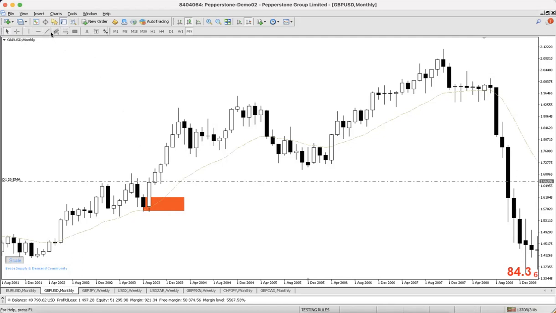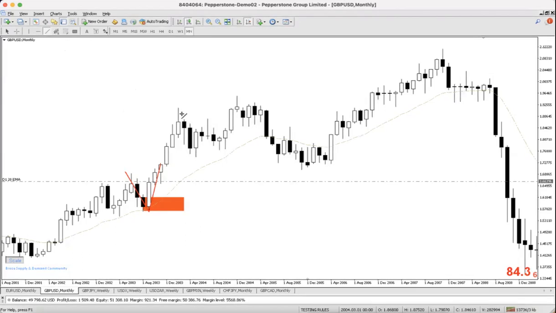It made a V like this. When the market moves up, it will create V's like this. Still here, this is a V here.